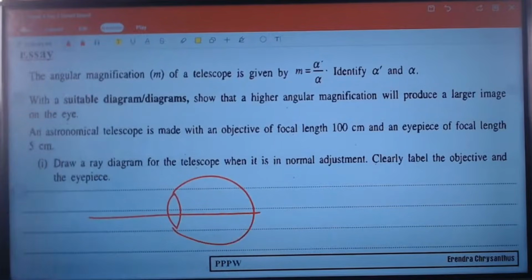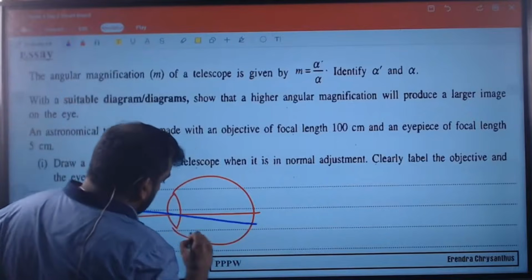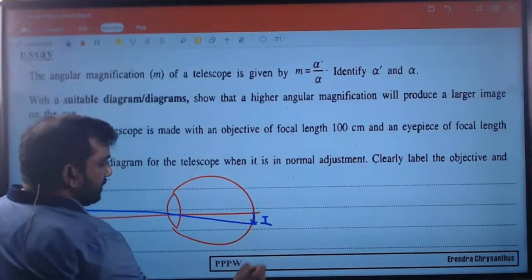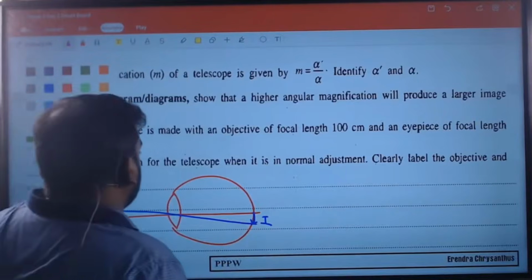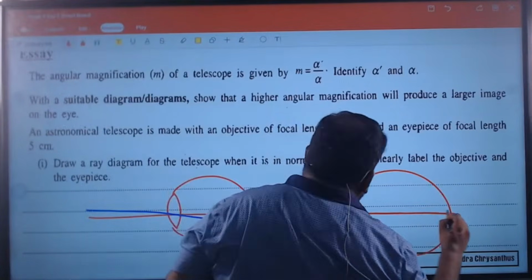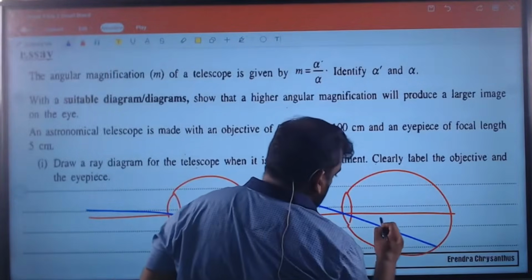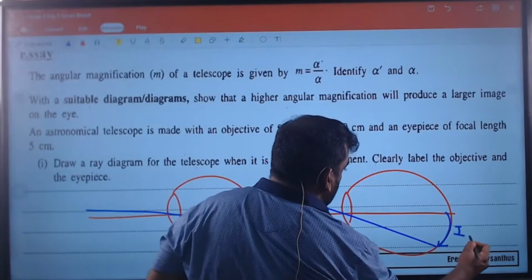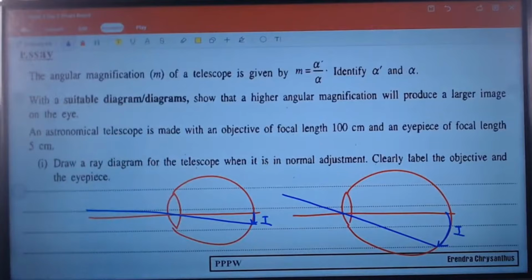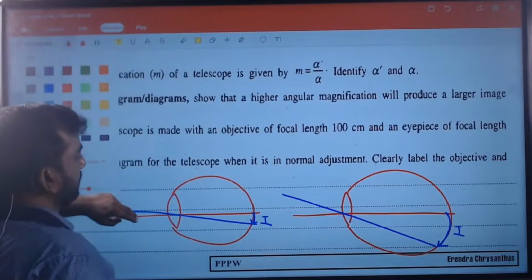So this is your eye. You can show here by drawing ray diagrams. Smaller the angle, smaller the size of the image. Larger the angle, larger the size of the image on the retina. So angular magnification takes place.